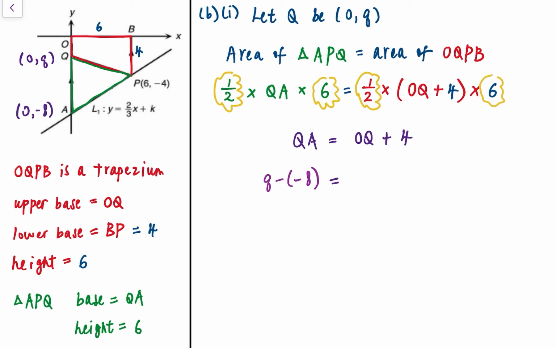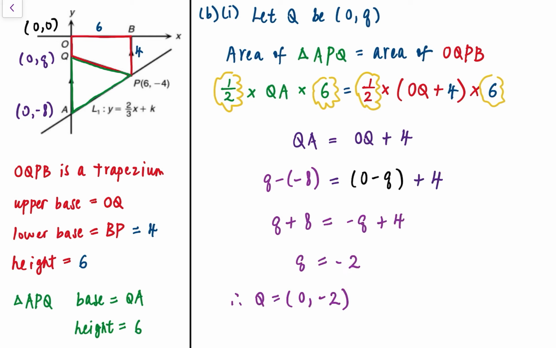OQ, on the other hand, will be 0 minus q, because you are taking the origin (0, 0) and the point Q, (0, q). So you take the greater value, 0, minus the smaller value, which is q. So OQ is 0 minus q. We get q equals -2, and therefore the coordinates of point Q are (0, -2).